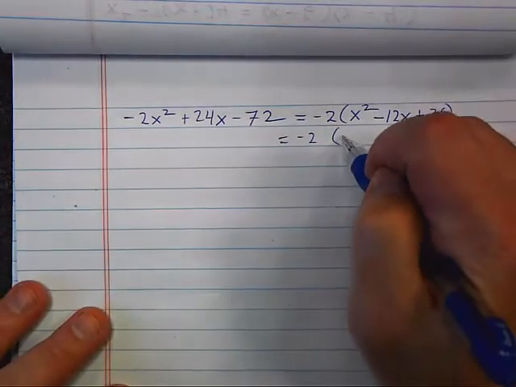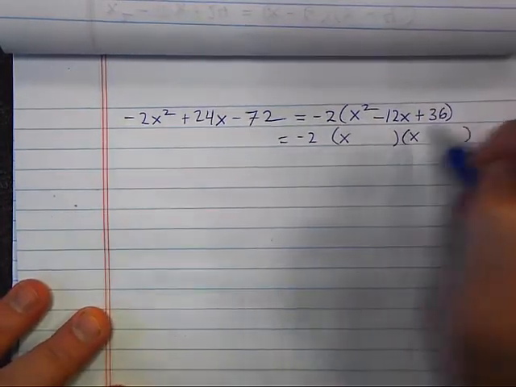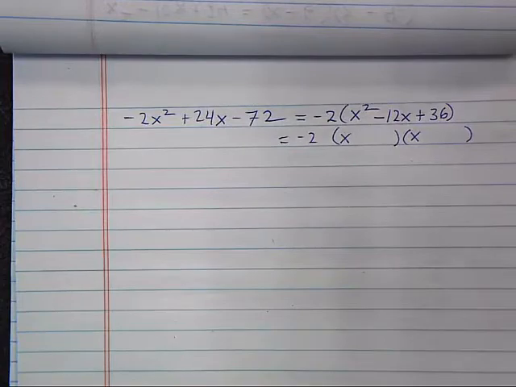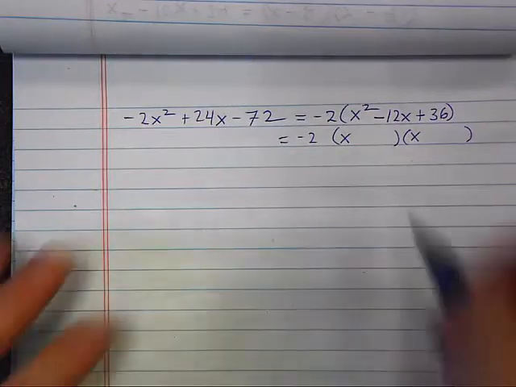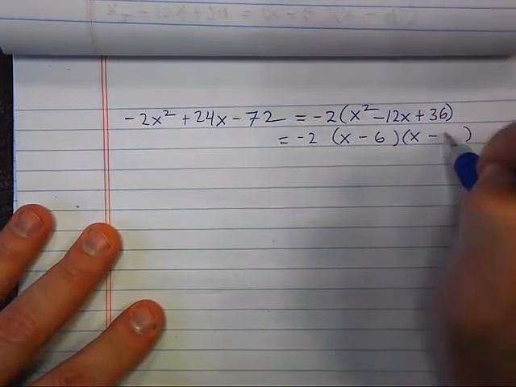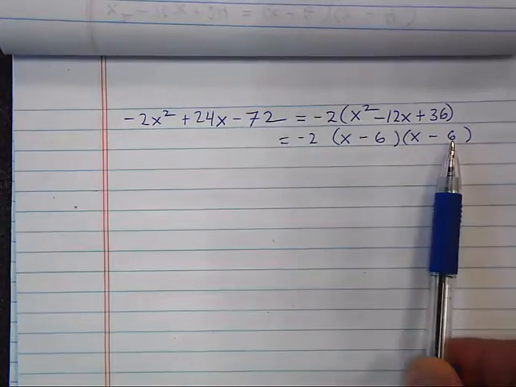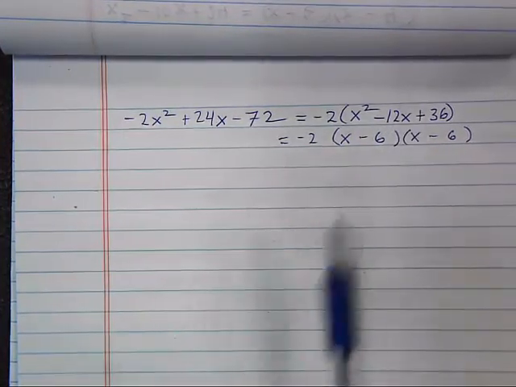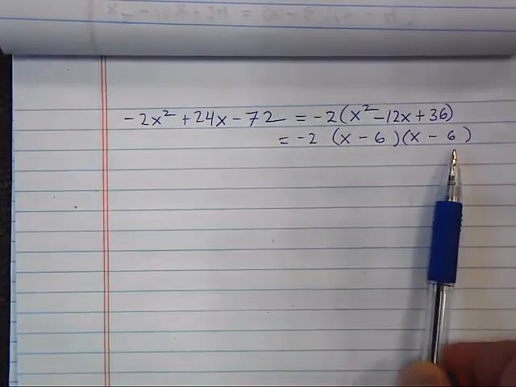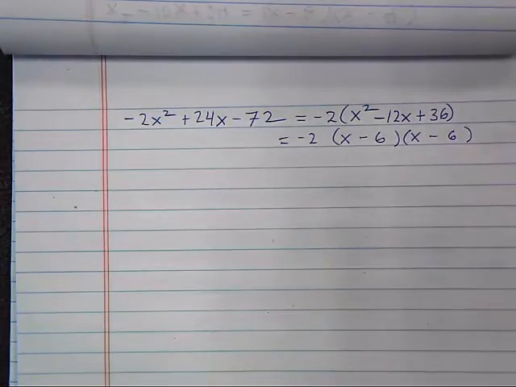It's got to be x and x in front to give me the x squared. Negative 6 and negative 6. I agree. I think negative 6 and negative 6 will work. How come negative 6 and negative 6 will work? If you add them, negative 6 plus negative 6 gives the negative 12 in the middle. And if you multiply them, negative 6 times negative 6 gives positive 36.